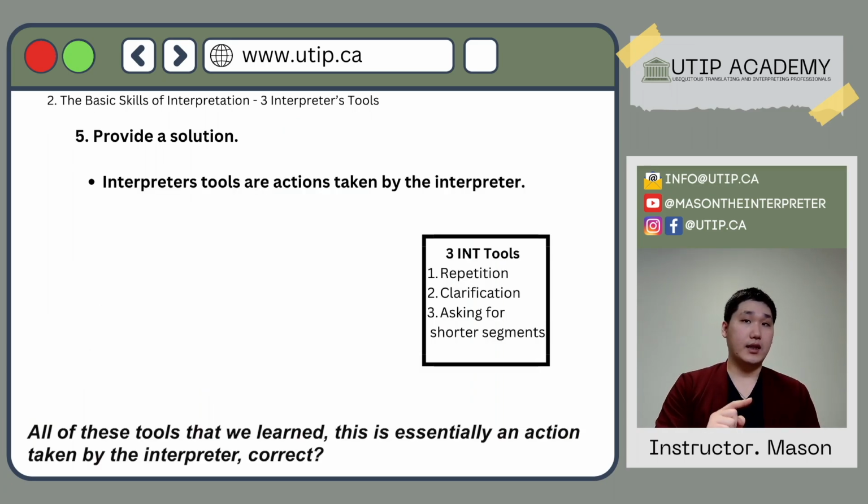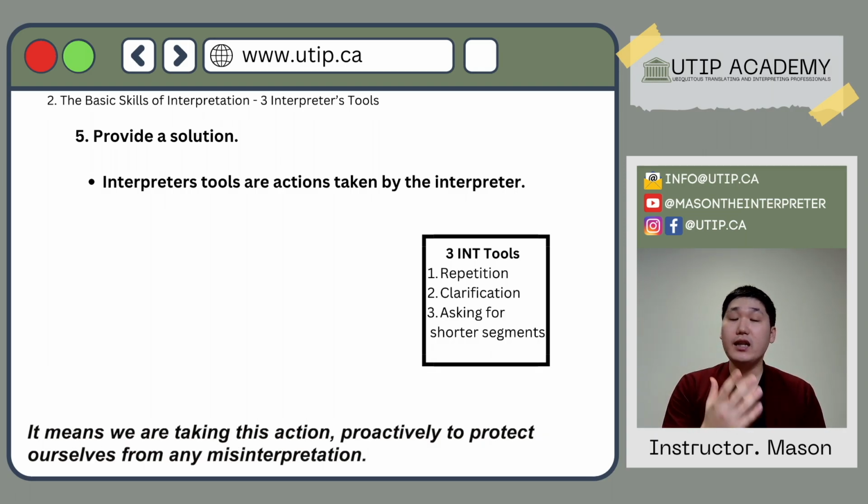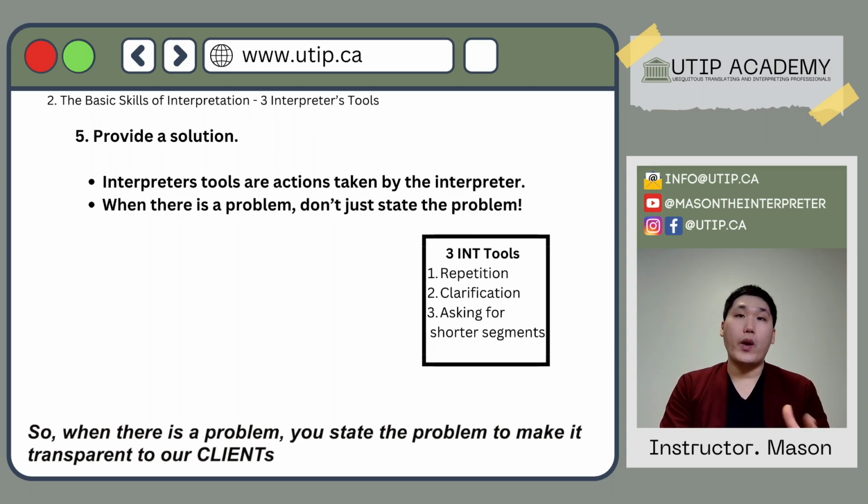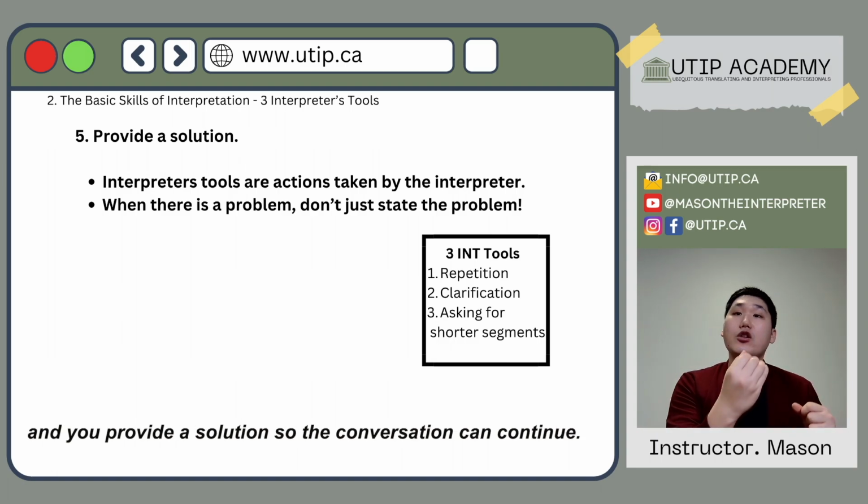All of these tools that we learned, this is essentially an action taken by the interpreter, correct? It means we are taking this action proactively to protect ourselves from any misinterpretation. So when there is a problem, you state the problem to make it transparent to our client. And you provide a solution so the conversation can continue.